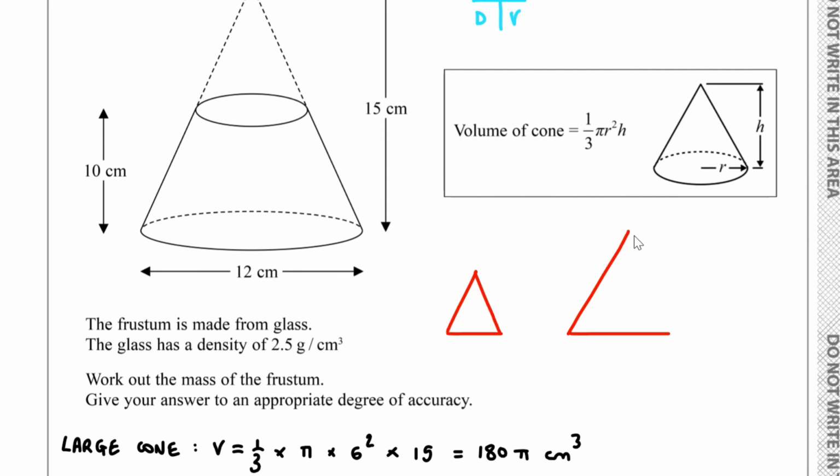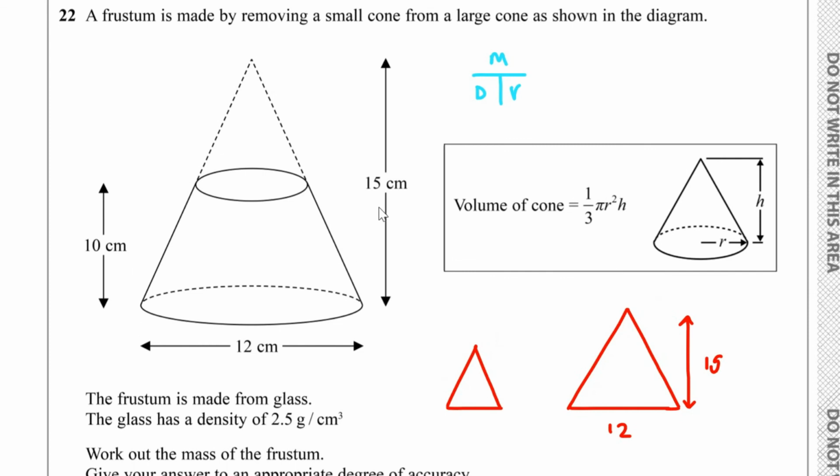Okay, so this is our larger triangle. Now here we know that this length is 12 from here. We know that the height over here is 15, and if we subtract 10 from 15, we'd find this height here to be 5.